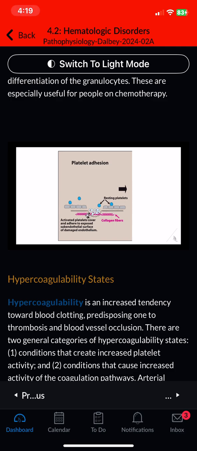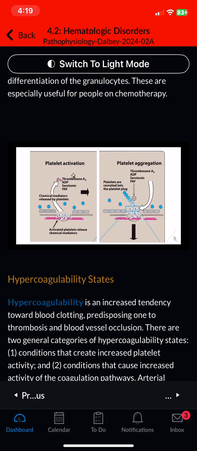And when they're activated, they're going to start to release mediators. Mediators are thromboxane, ADP, serotonin, etc. And they activate and recruit more platelets into the area, and it starts to cause them to aggregate together and block the damaged area. So those chemical mediators, some of them are listed here. So you can see thromboxane A2, ADP, serotonin, etc.